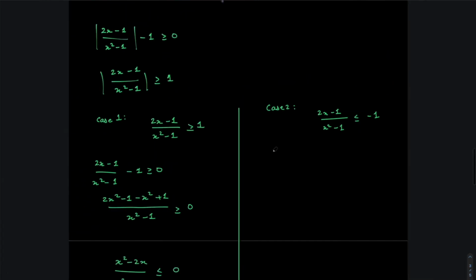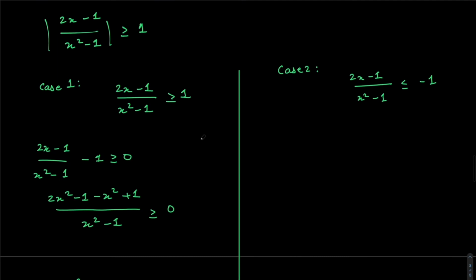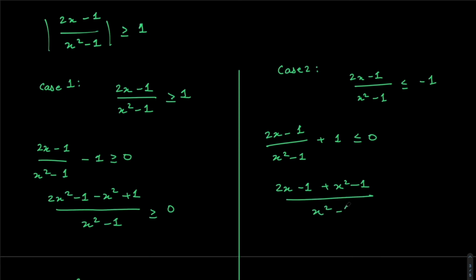So I can work on case 2 now. Same thing I'm going to do for case 2. Literally nothing's going to be different for case 2, okay? So I'm going to add 1 to both sides. So I'm going to have (2x minus 1) upon (x squared minus 1) plus 1 is going to be less than or equal to 0, right? This is going to go up, so (2x minus 1 plus x squared minus 1) all upon (x squared minus 1) less than or equal to 0.